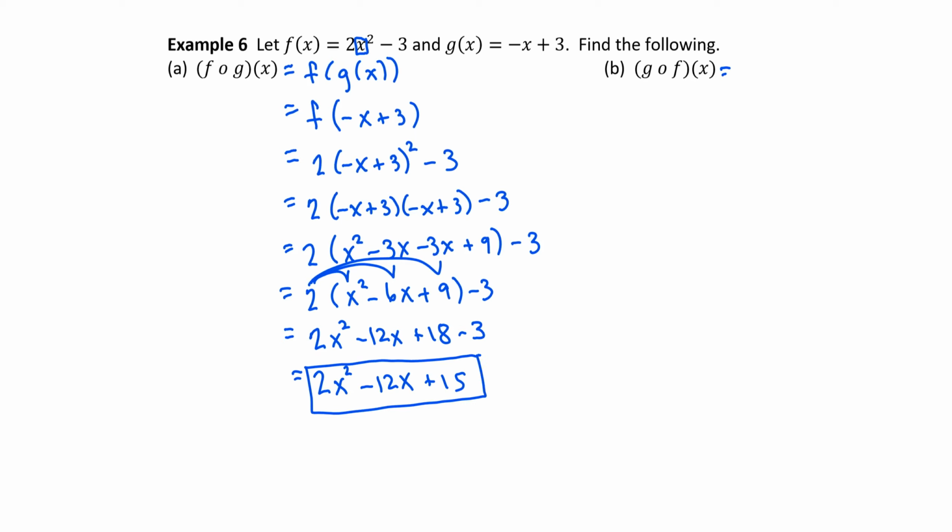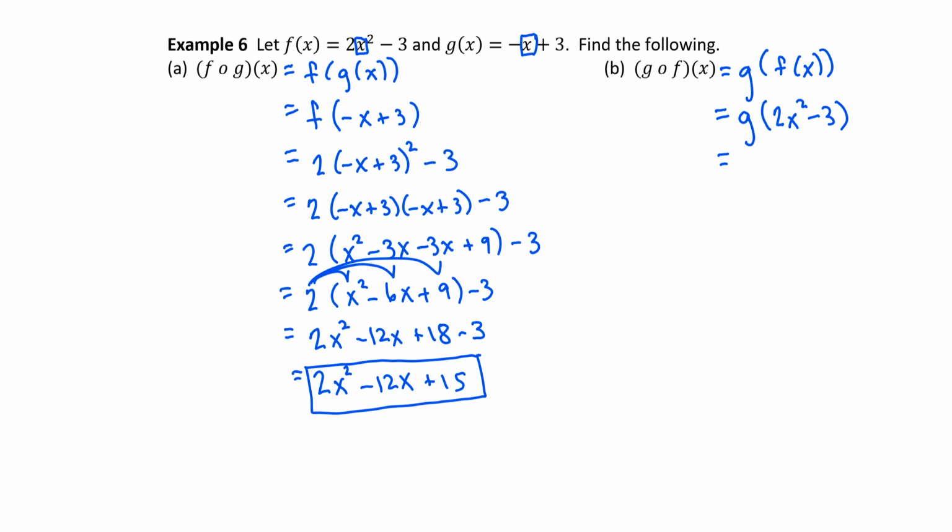Let's see if this one turns out the same way. G this time is on the outside. F of x is on the inside. So remember, g hangs out and waits patiently for its turn. And we replace f of x with its rule, which is 2x squared minus 3. Then I'm going to go to the function g.